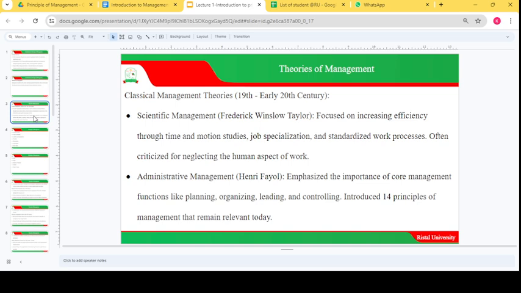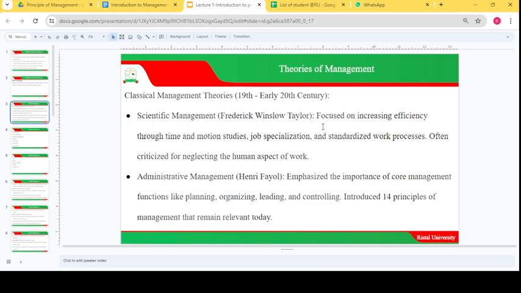So let's look at the theories that are involved in principles of management. We have the classical management theory, which was there in the 19th to early 20th century. First we have scientific management, which was developed by Frederick Winslow Taylor.